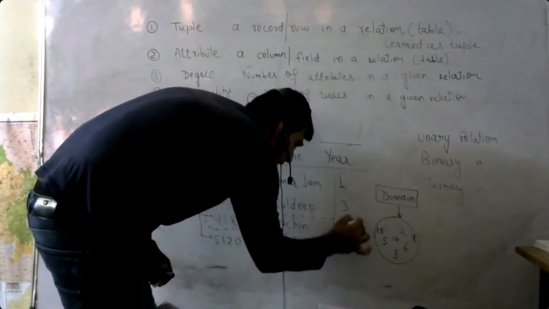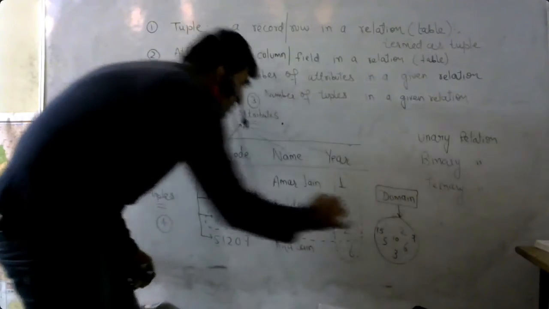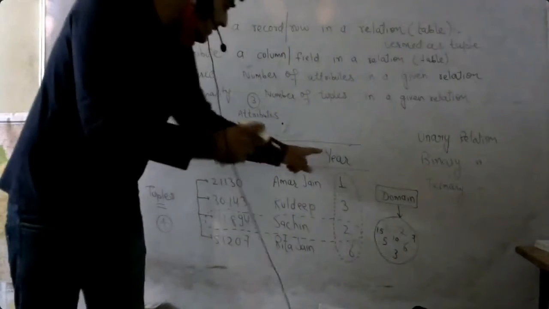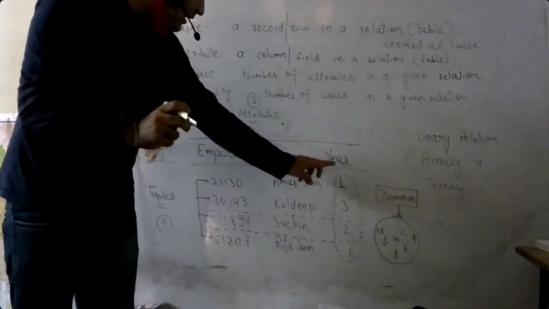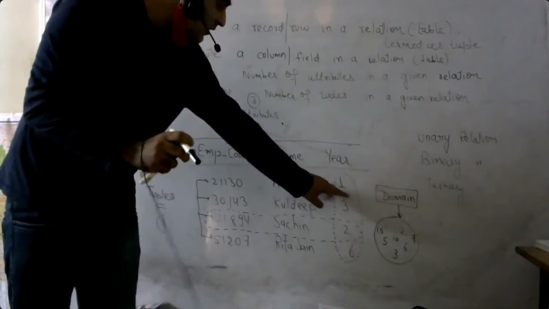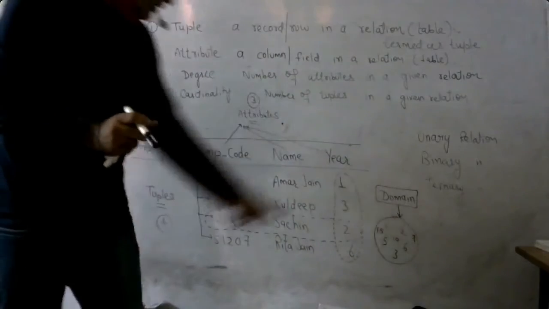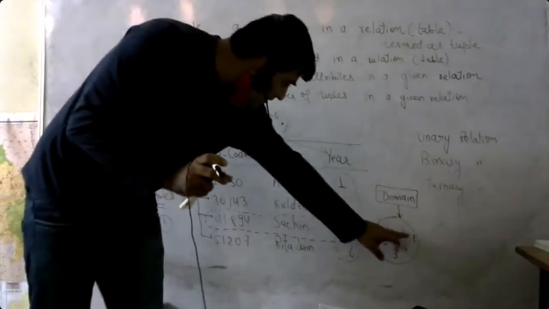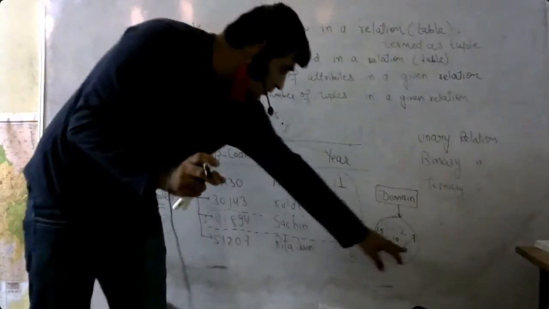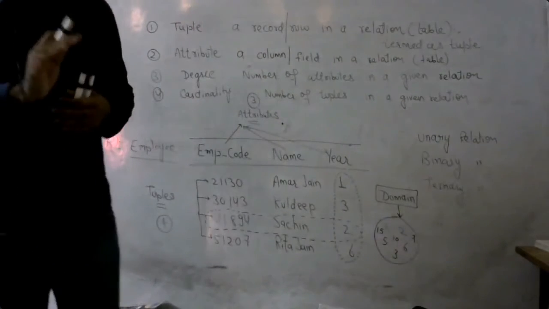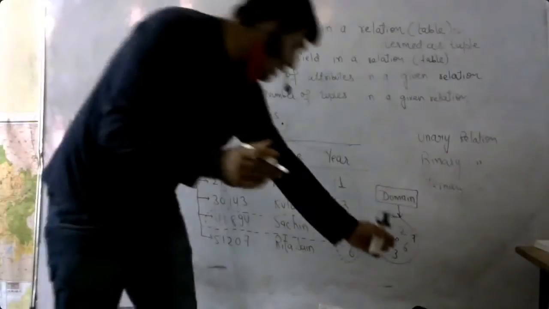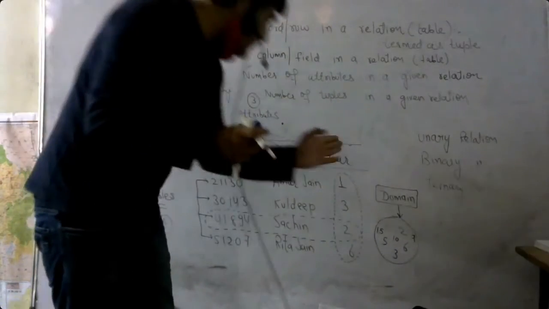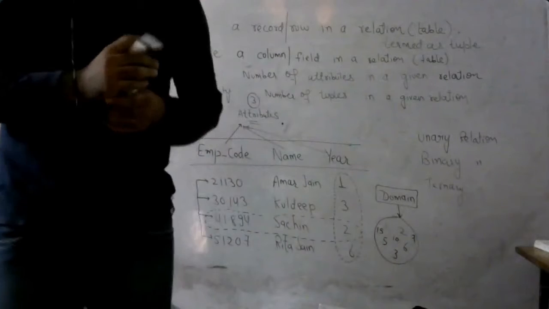You can see the values under the attribute year. This one has come from this domain, 3 also, 2 also, 6 also. From a domain, some or all values might appear in a given attribute.